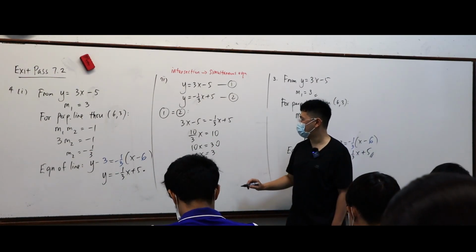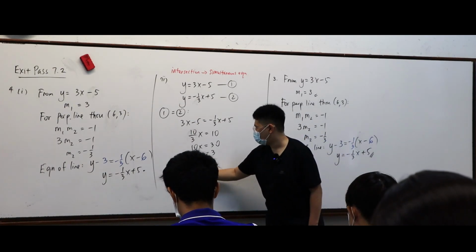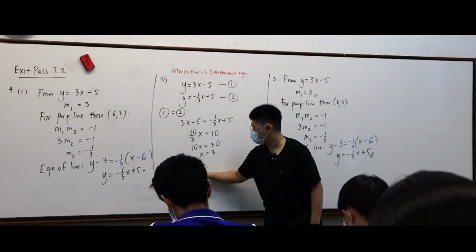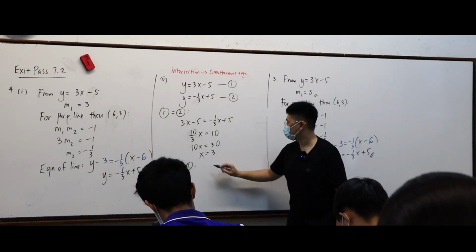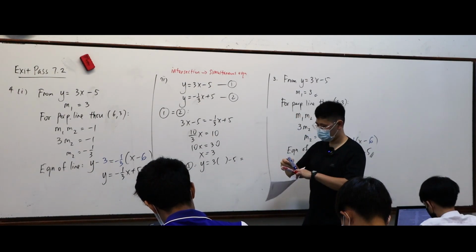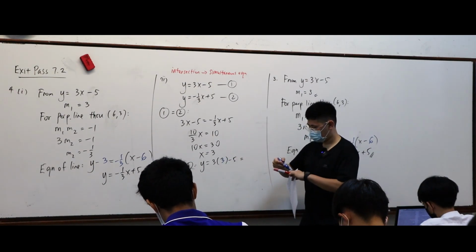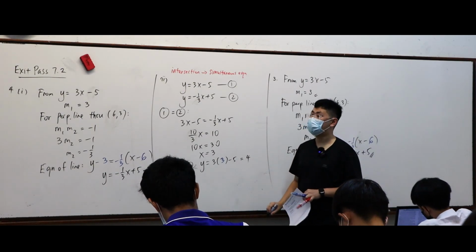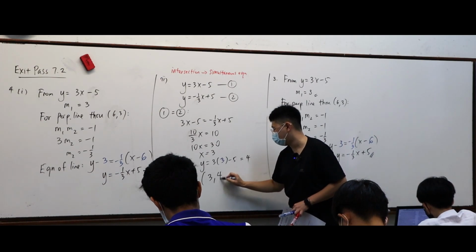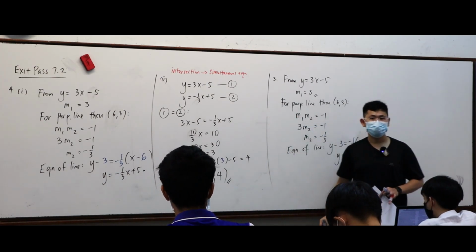Okay, x is equal to 3. So from there, okay, the coordinates of F are going to be 3 and 4. Okay?